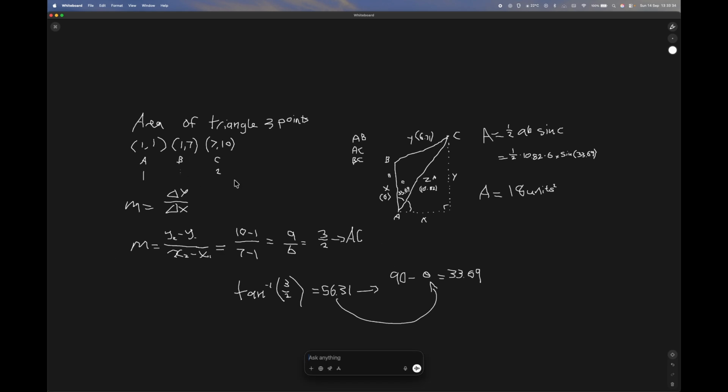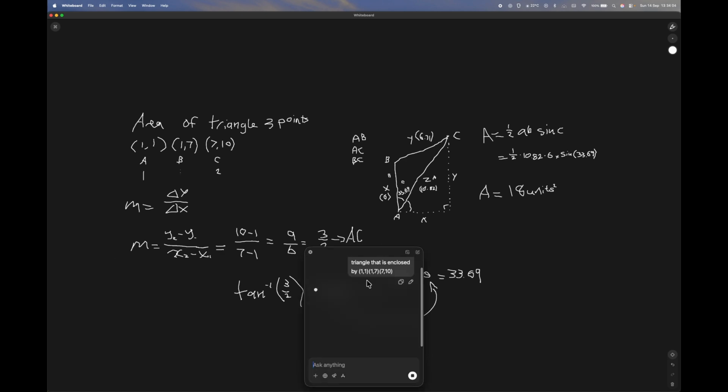Let's check that with ChatGPT. So what is the area, see what it says. "18 square units."